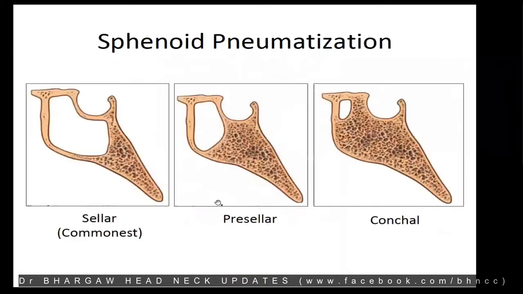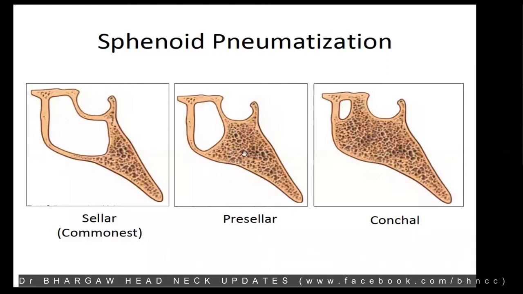If you're opening up the sphenoid for any reason, you need to know the type of pneumatization, and this is very essential for a transsellar approach. We all know that sphenoid pneumatization is basically of three types: the sellar, which is the most common, the presellar, as you see here, and the conchal. Conchal is the most difficult one.